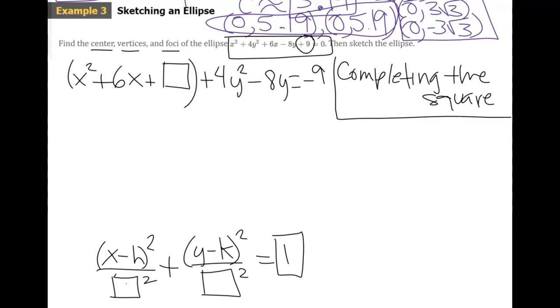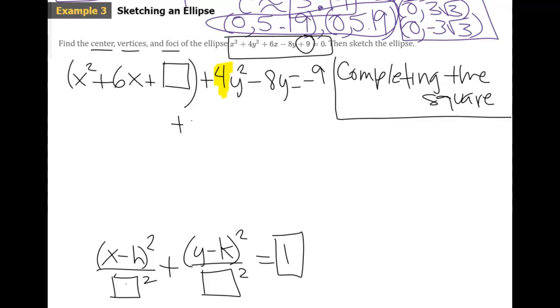Okay, now I'm going to complete the square with the x terms. However, I can't do that with my y terms yet because the coefficient of the y squared is a 4. So the only thing I can do is actually factor out a 4. But let's do that in the next step.